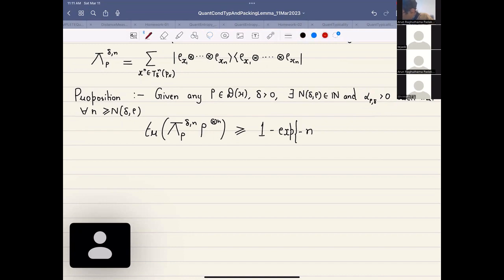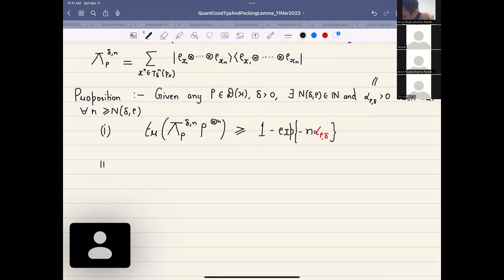This alpha of delta, rho, delta depends on the cardinality of x and all that comes into the picture. You can pull this alpha from your previous expression. This is going to be from your Hoeffding bound. Okay, so this is the proposition. Anything else? Okay, so I will say this is 1.